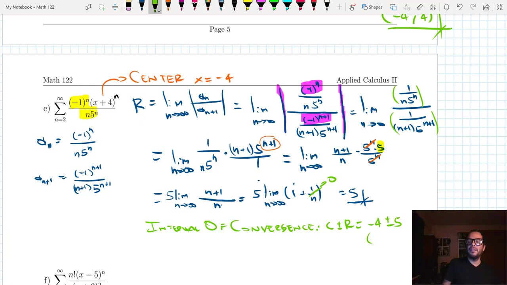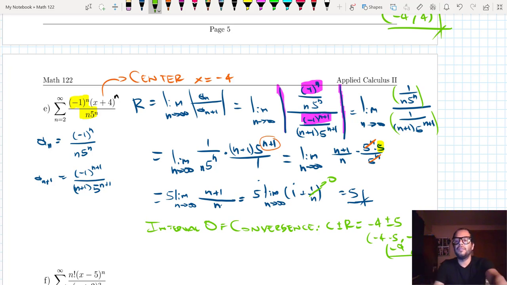In the negative case, negative 4 minus 5, comma, negative 4 plus 5. So that'll be negative 9 and, not negative 1 rather, that's going to be 1. So that's our interval of convergence for this series.